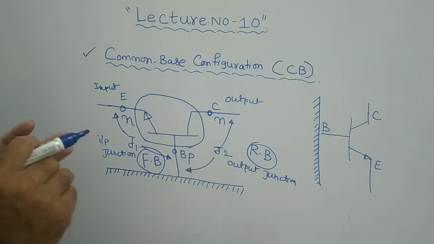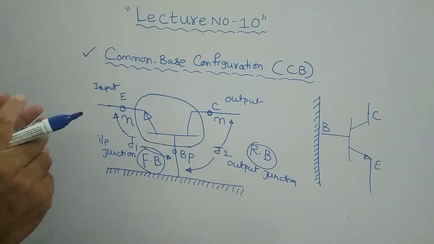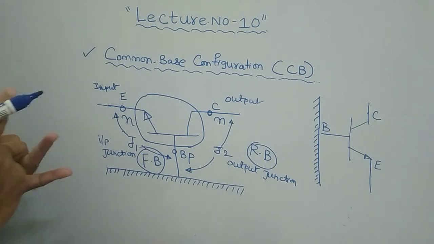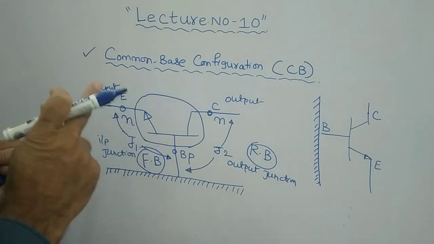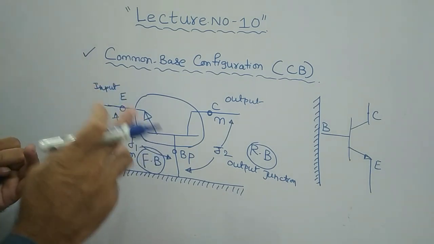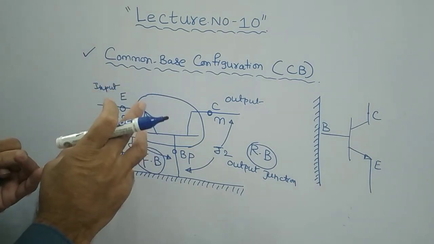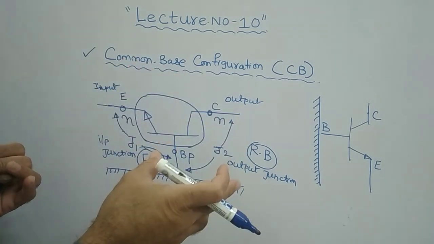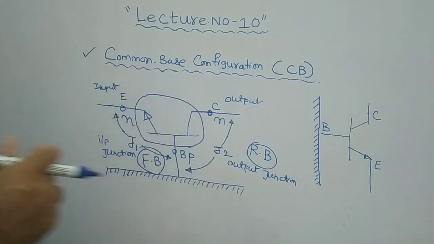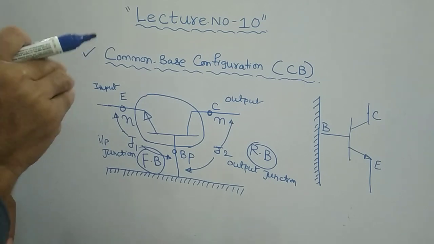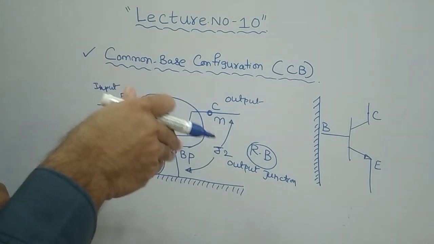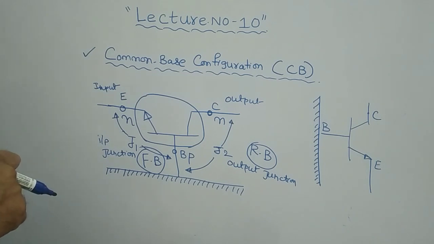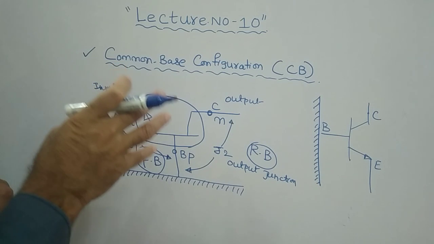One simple point you should remember is that common base and common emitter are the very important configurations. These two configurations only can be used for a transistor to be operated as an amplifier, whereas common collector will not be used actually. That common collector configuration will be used for some other purpose.